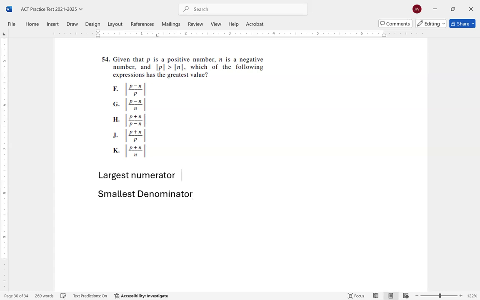So biggest thing on top. Notice that on top, we either have a P minus N or a P plus N. Since P is positive and N is negative, P minus N is going to be greater than P plus N, since N is negative. And these are both going to be positive numbers because the absolute value of P is greater than the absolute value of N.